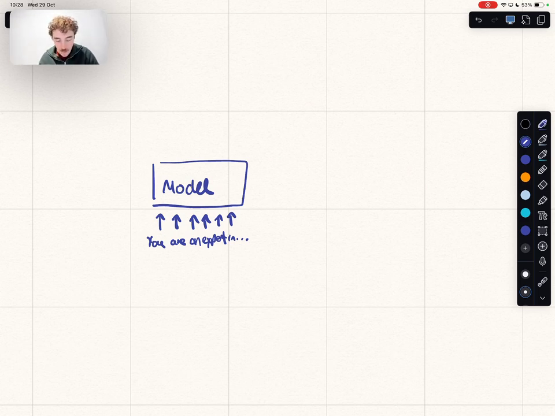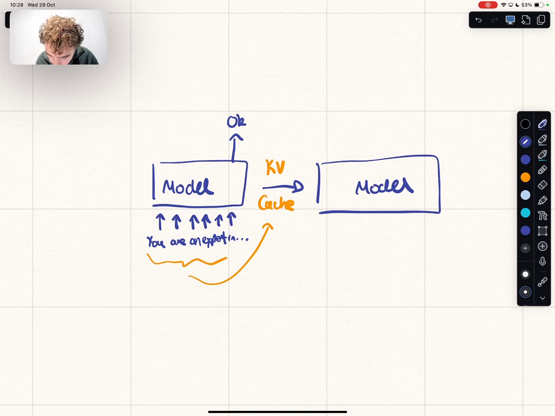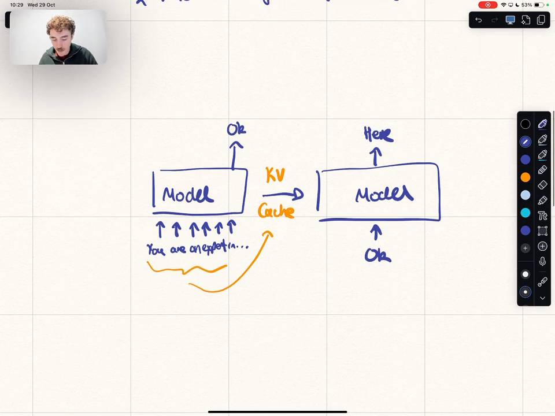The model then produces a single token. The model has now created what's called a KV cache, which is its quote-unquote memory of this prompt. Then you pass in the previous token that you generated, and it generates the next token.